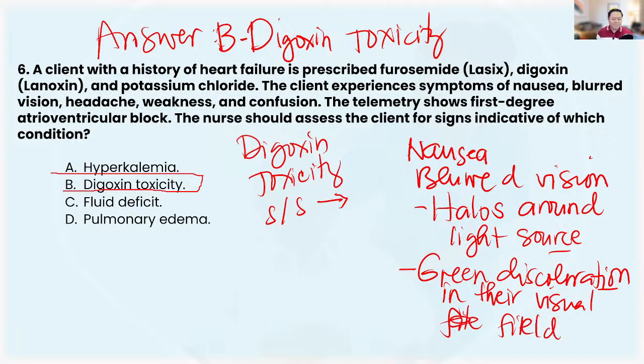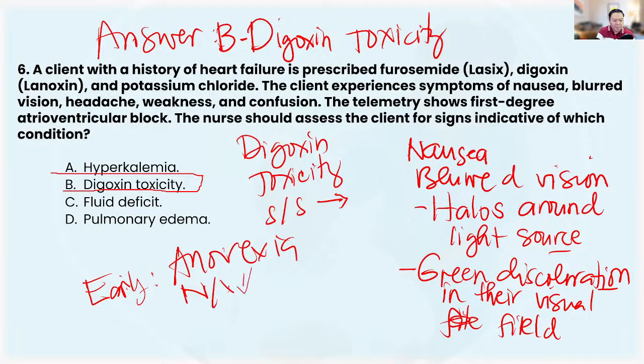Oh, I'm sorry, guys. I forgot something, but I'll let you know what that is. I got so engrossed with our discussion today. The other manifestations here are the early signs. One of the early signs is anorexia, nausea, vomiting.